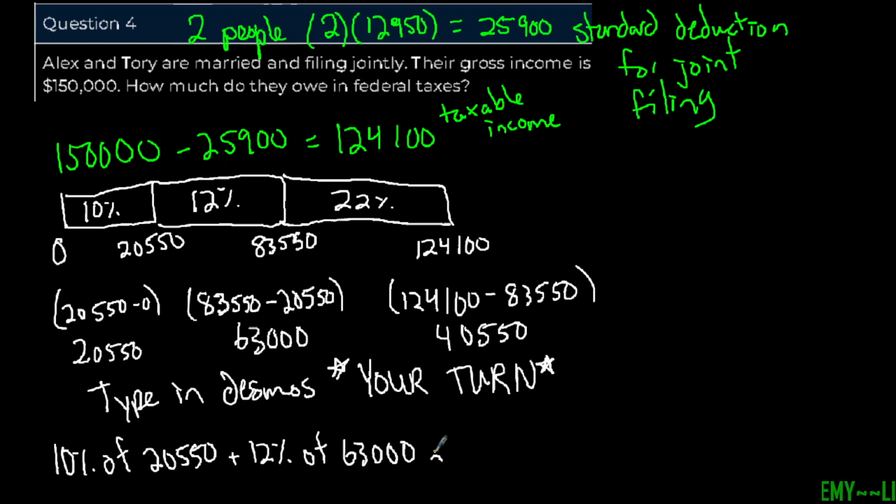And then we have lastly plus 22% of this value right here, which is the 40,550. So pause that video, try it out on your own, see what you get.